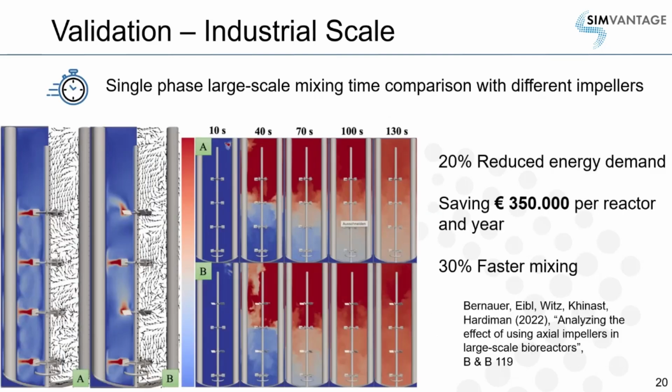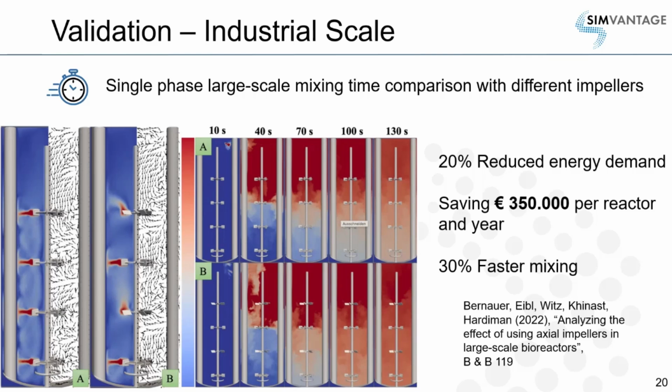And then this was not the end of this project. The engineers then played around and changed the stirrer configuration in this reactor, and they chose to change every second stirrer with a pitch blade turbine, so with an axial stirrer, and this change was also then done in the real reactor.